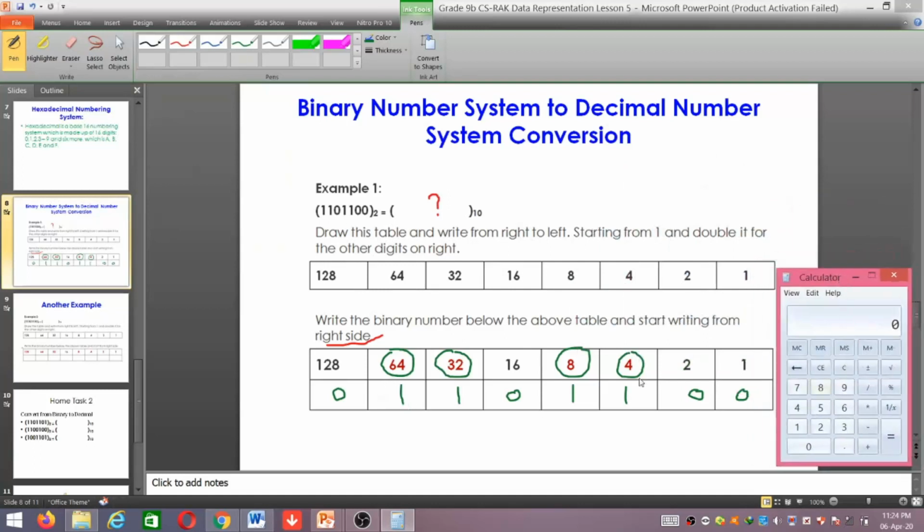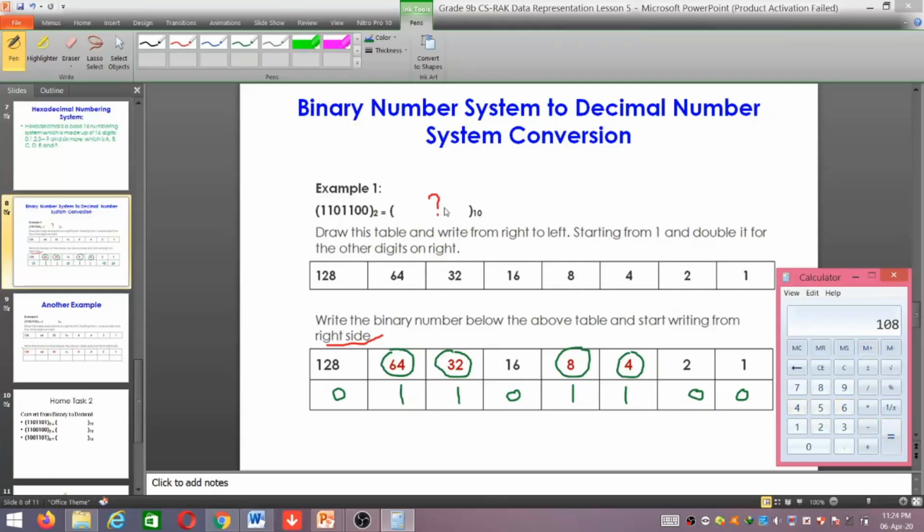See here. Okay, we have 64, so 64 plus 32 plus 8 plus 4, what you get? 108. So what is the answer?